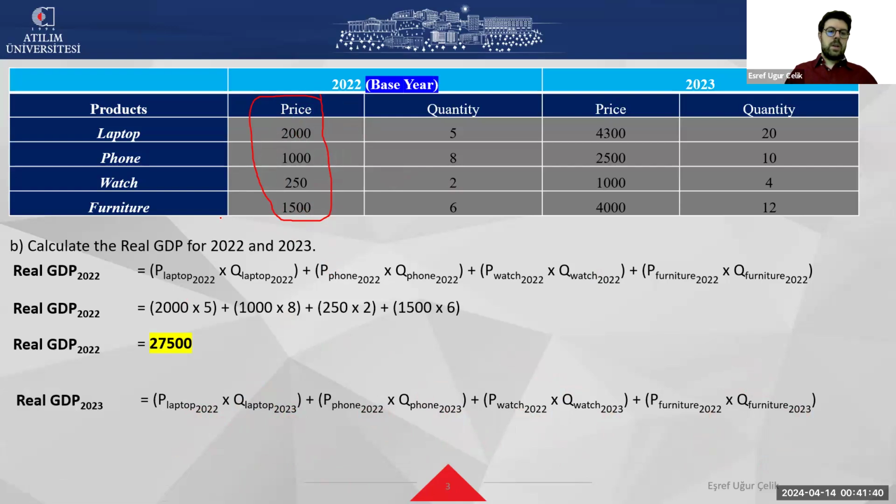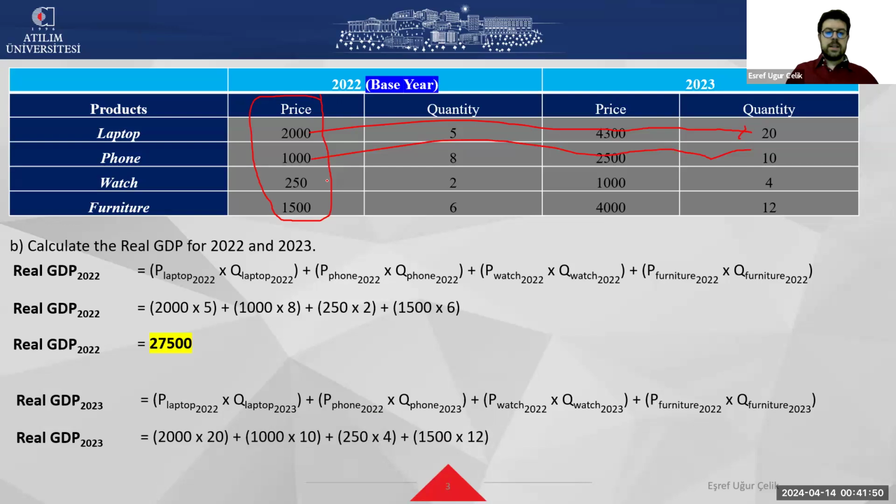So it's like 200 multiply 20, 1000 multiply 10, 200 multiply 4, 1,500 multiply 12. Okay.